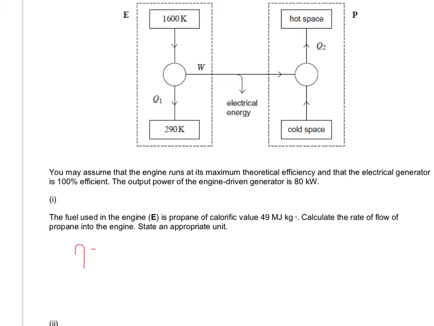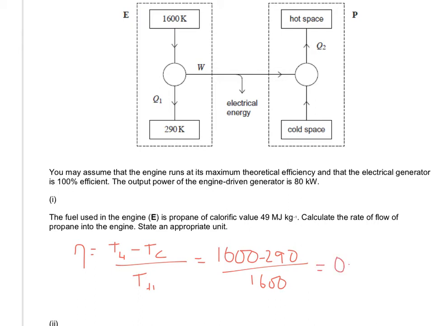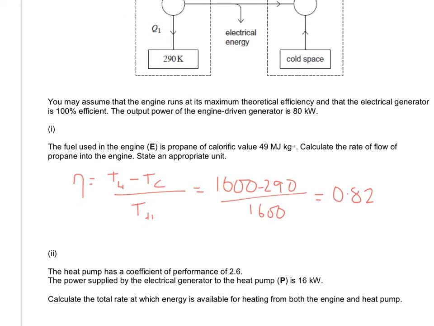So to get our efficiency, you're going to use our formula like this to get work out of it. So that's going to be 1600 minus 290 divided by 1600, which is 0.82. So the ratio of power in to power out essentially is going to be 0.82.